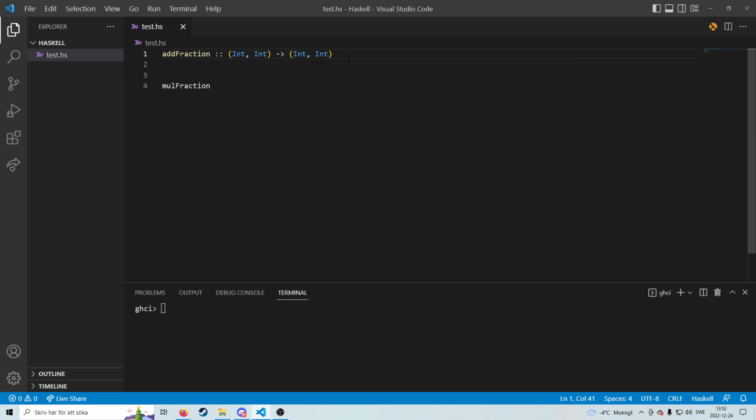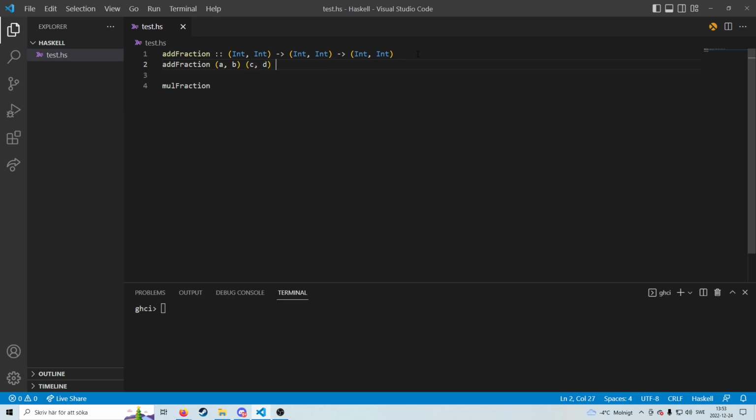And then we would also return the result of these two added together. If we were to write this, I can actually do this: I type add fraction, and we can give our tuples some variables, so let's say a and b. This can be whatever you want.